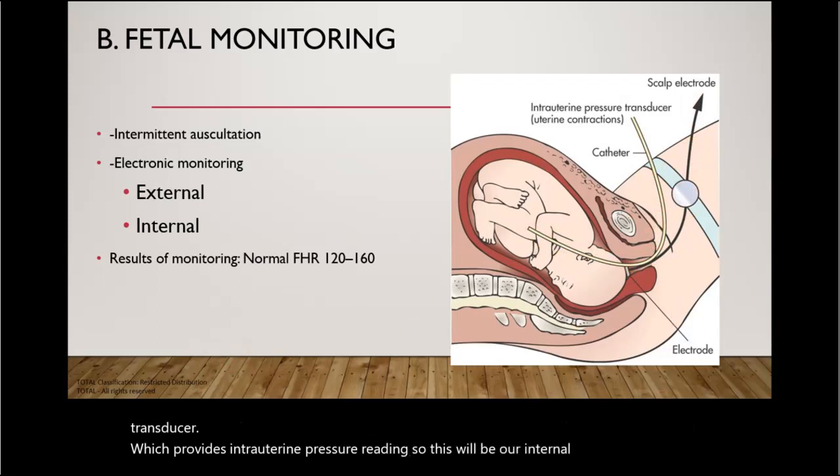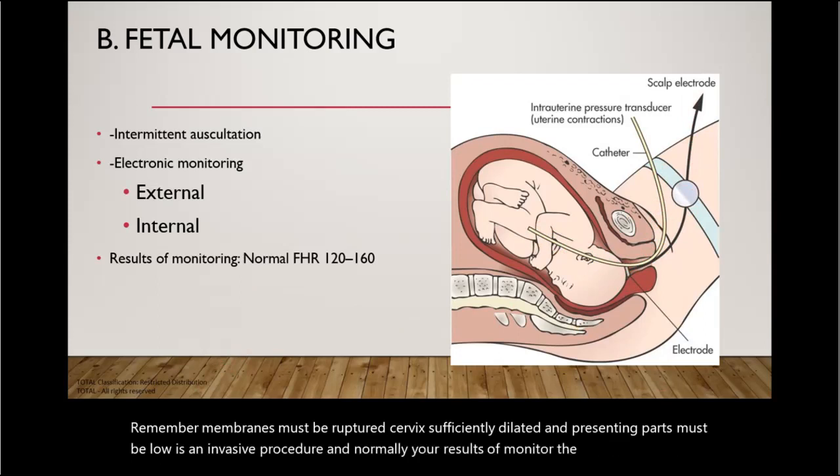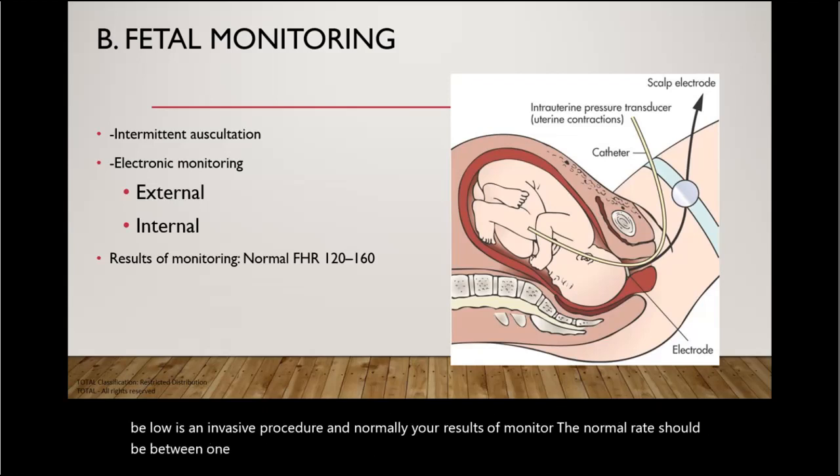Remember, membranes must be ruptured, cervix sufficiently dilated, and the presenting part must be low. It's an invasive procedure. And normally, the normal fetal heart rate should be between 120 to 160. So you must obtain baseline data as you progressively monitor your patients.